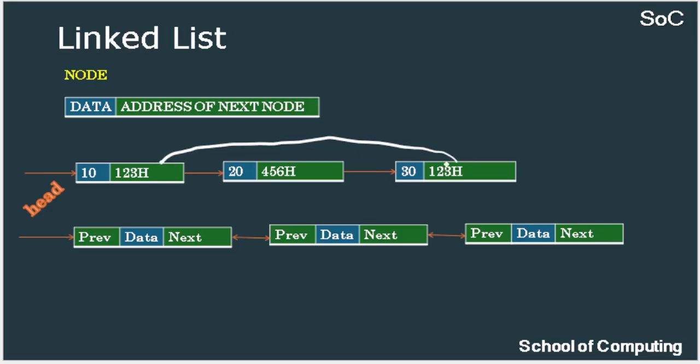When the last node is pointing again to the first node, it forms a loop. Such linked list is called circular linked list. So what do you mean by circular linked list? The list whose last node contains the address of the first node is called a circular linked list.